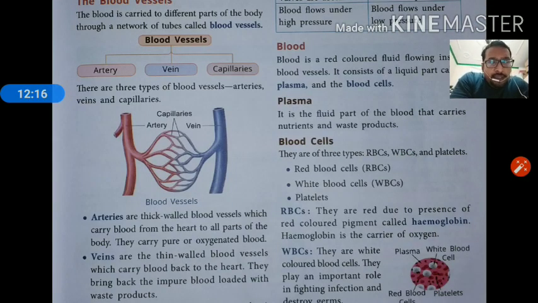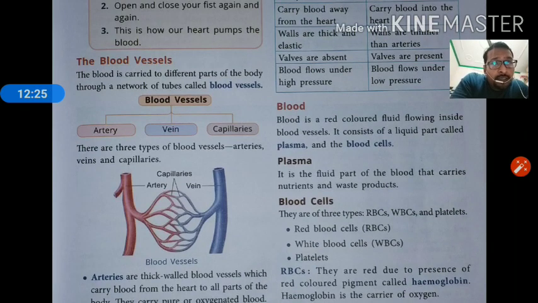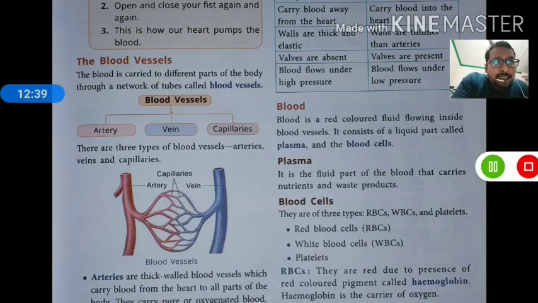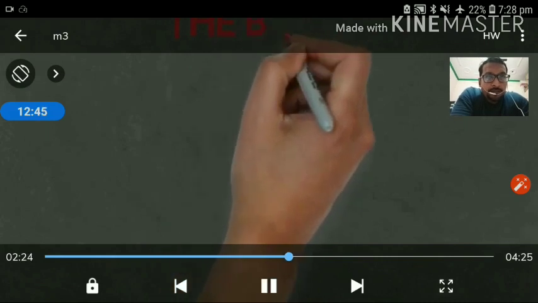Now, before studying about blood vessels, let's first understand what blood is. As you can see in your book, blood is a red-colored fluid flowing inside the blood vessels. It consists of a liquid part called plasma and the blood cells. Let us understand through a video which makes it much clearer. Let's begin.